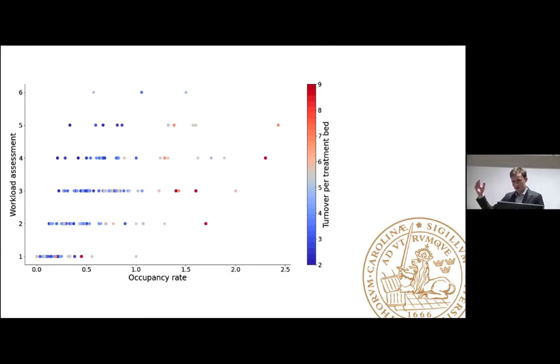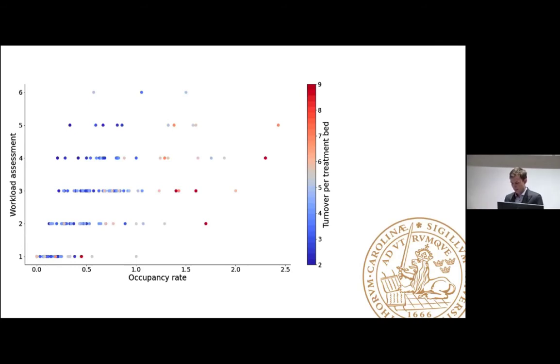Now you have a third dimension, with the color of the dots indicating the turnover rate of that ED. Blue denotes an ED with a low turnover rate, so 2 patients per bed per day. And when you go up to gray and red, you get to the high turnover rate EDs, up to 9.